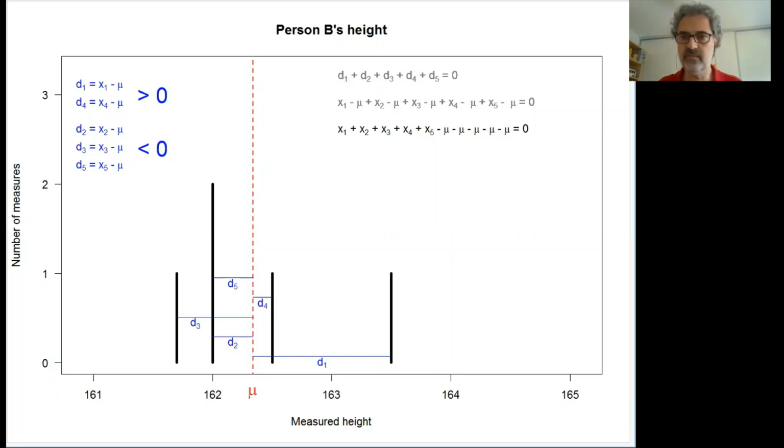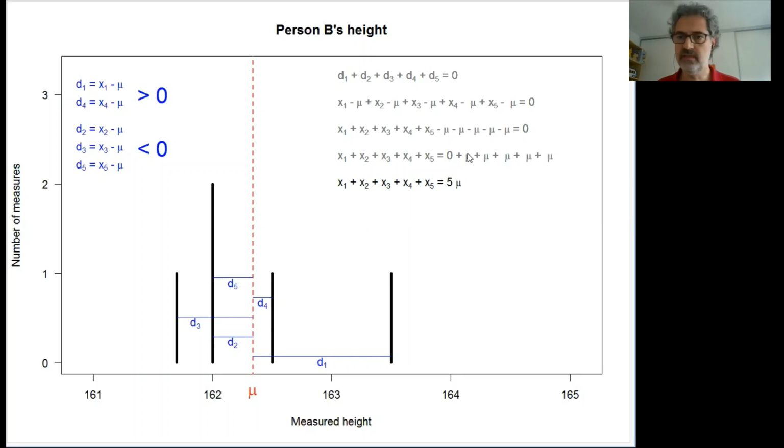And we can take all the mu's to the other side by changing their sign. So instead of subtracting them on the left, we add them on the right, which is exactly the same thing. And then, well, if there's 5 of them, we just write this as 5 times mu equals the sum of all these values.